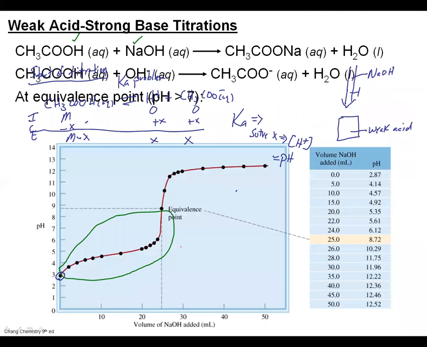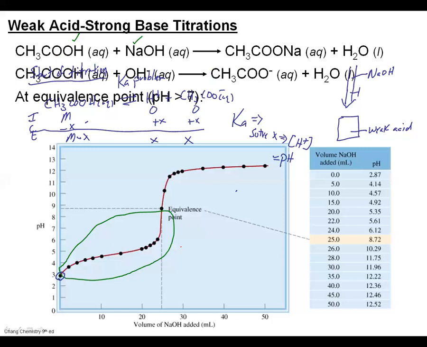And then again, you have an option. You can go right into the Henderson-Hasselbalch equation at that point, or you can do a second ICE table without the Henderson-Hasselbalch and get the pH. So it really is your call at that point, whichever way you want to do it. So again, you can start to see that this type of titration is very different in terms of the calculations than the first one we talked about.